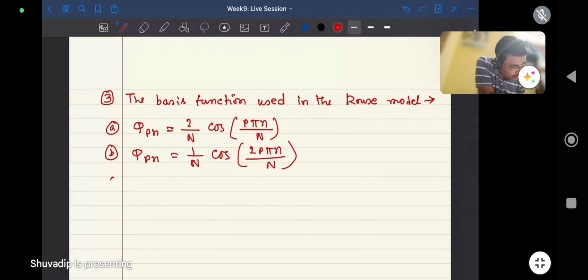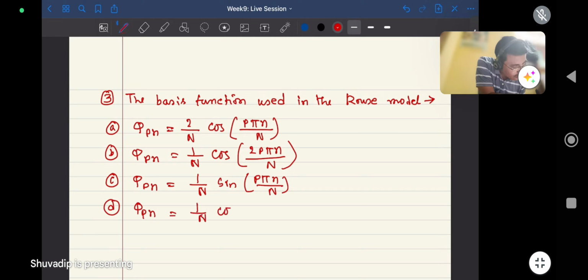Option C, phi_p(n) equal to 1 by N sin(p pi n / N). Option D, phi_p(n) equal to 1 by N cos(p pi n / N). So these are the options.